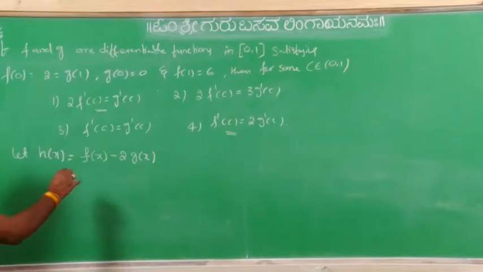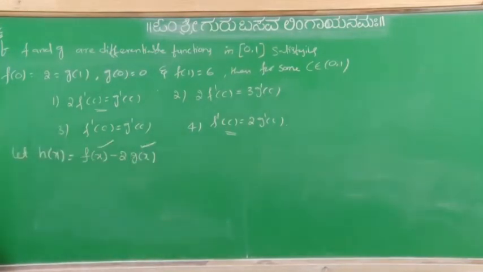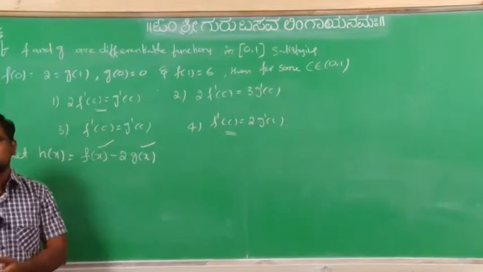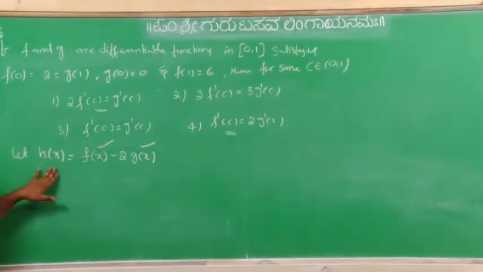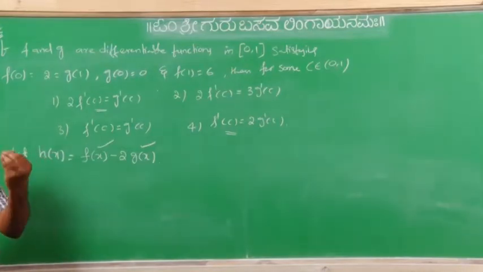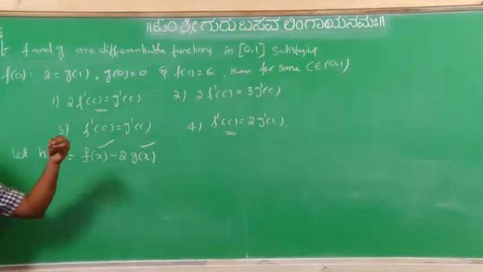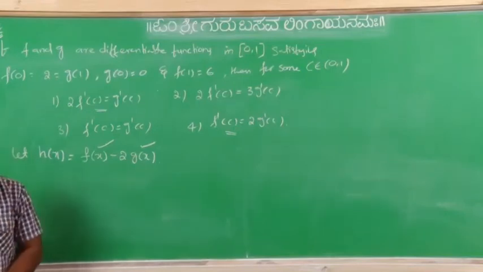Now see, they gave f of x and g of x, both are differentiable functions. The difference of two differentiable functions is also a differentiable function, so h of x is a differentiable function. Every differentiable function is continuous, so h of x is continuous also.